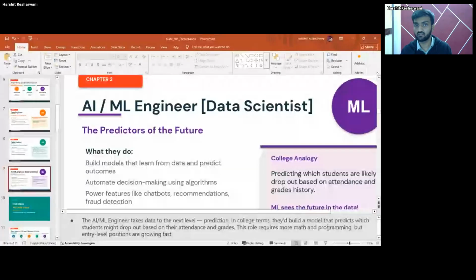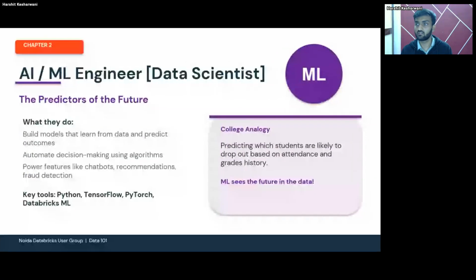Did I just stop sharing, or was it not shared at all? Okay, no problem. Let me share that again. Is it visible in the slide share mode?